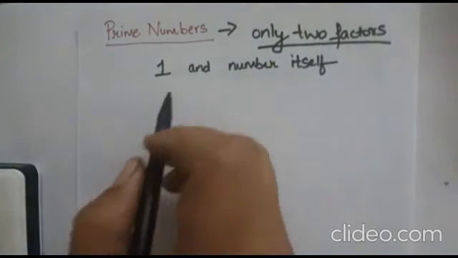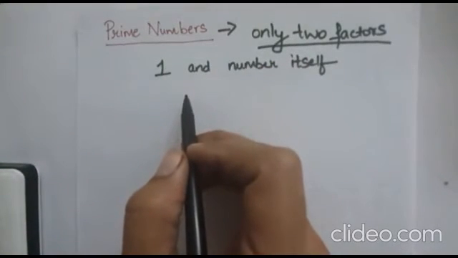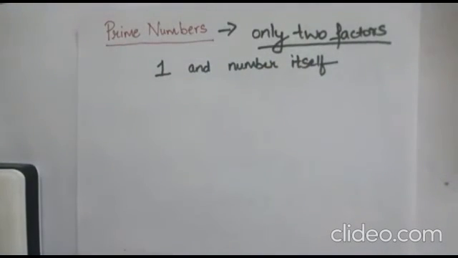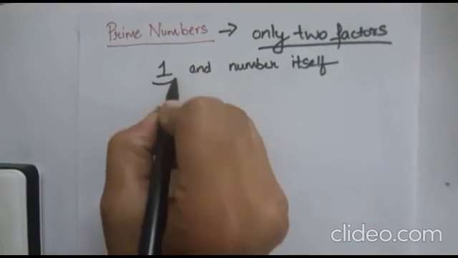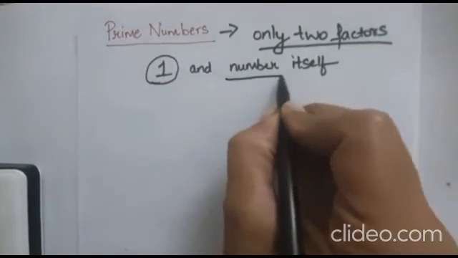Means the number is a prime number if it has only 2 factors. Which are those factors? 1 and the number itself.